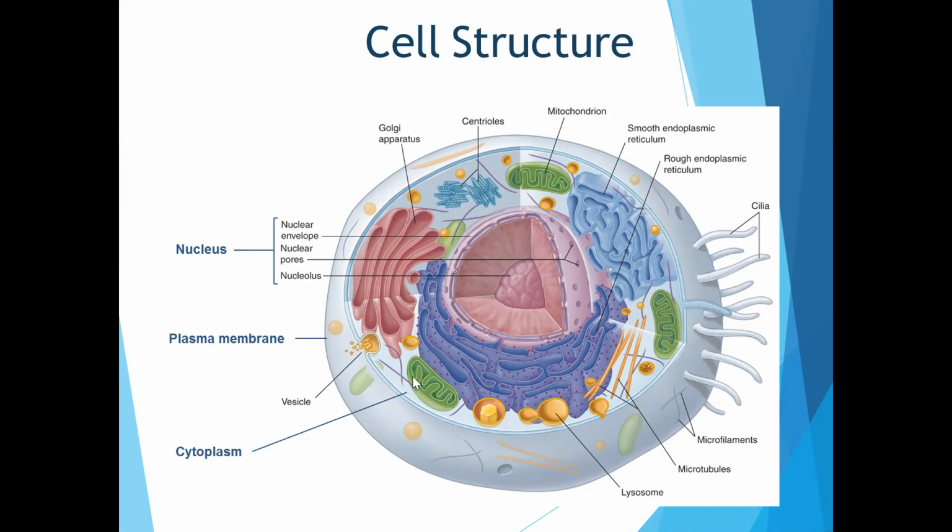The cytoplasm is kind of all this whitish space in here, and all these other pieces are organelles that sit within the cytoplasm. And then you hit the nucleus. That's kind of the most important part of the cell. That's what contains all the genetic information, that has all the instructions that tell a cell to do what it needs to do. And we'll get into all these pieces more in depth in these next few slides, but this is a good overview picture.